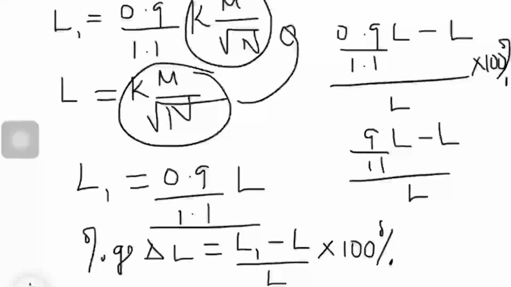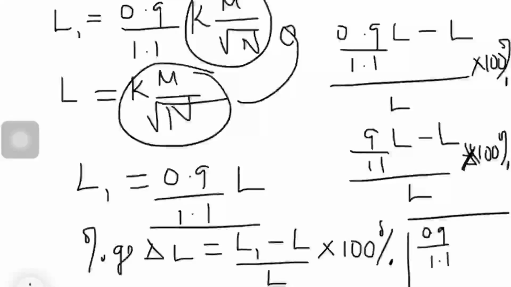Do you all agree with me? Then we have to multiply by 100%. If I can just work it out here, 0.9 over 1.1, if I want to get rid of the decimal points, I have to multiply both sides by 10, and it becomes 9 over 11. That's why we have a 9 over 11 there.